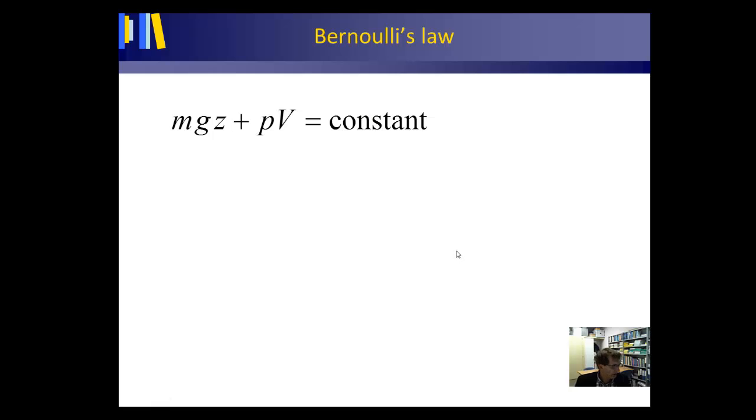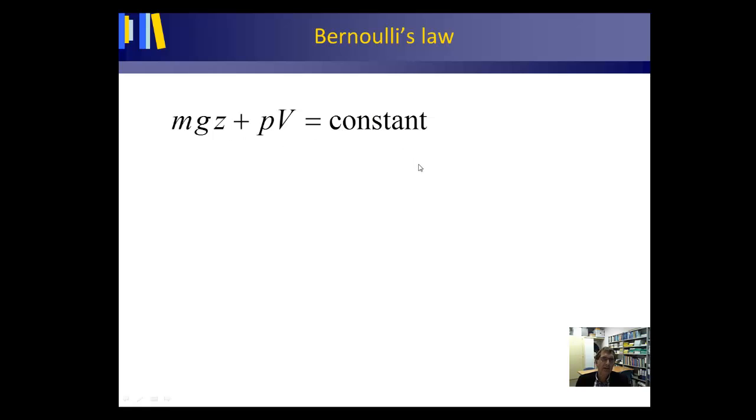If we look at Bernoulli's law, Bernoulli's law states that if there is no loss of mechanical energy due to friction, and also if we take water as incompressible, then for steady groundwater flow, the sum of certain energy terms is constant.